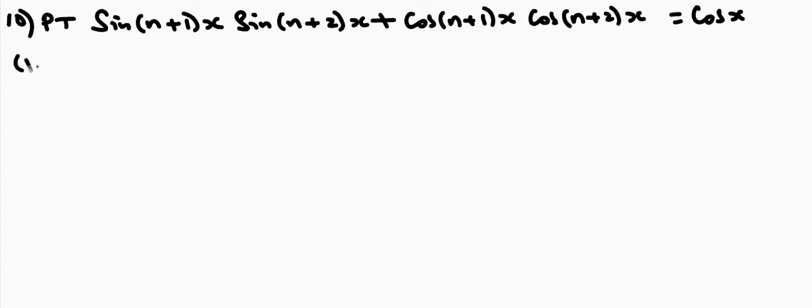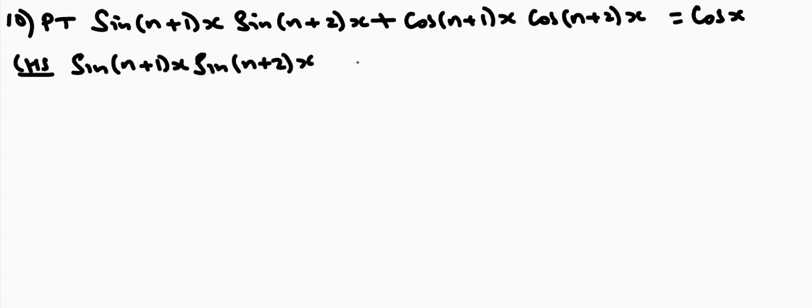Here LHS is sin((n + 1)x) into sin((n + 2)x) plus cos((n + 1)x) and cos((n + 2)x).